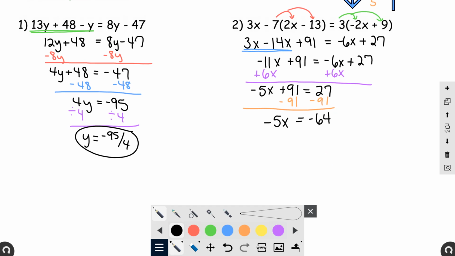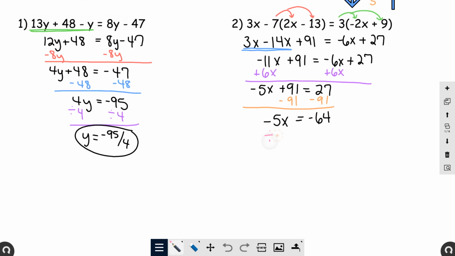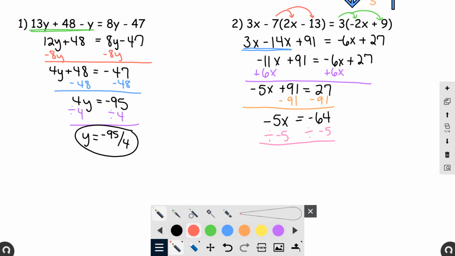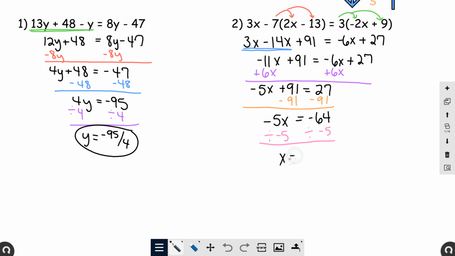Divide by the -5. 12.8. Okay, good. And it doesn't matter to me which one you say there. 12.8 is perfectly fine because that decimal place ends. If not, math enter, enter. Or if you just like the fraction, 64/5 works.